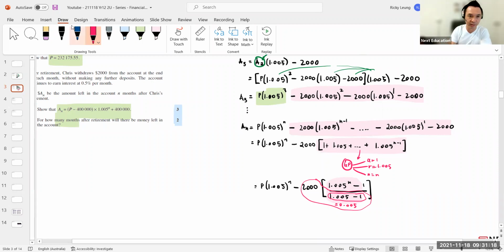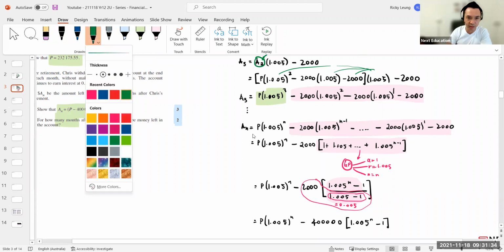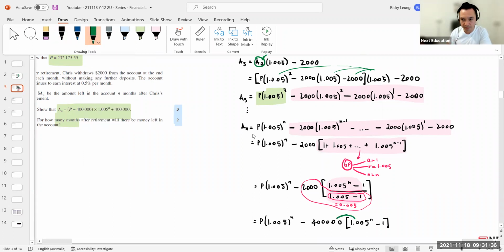That's how they got the 400,000 in the question. If you clean this algebra up a little bit, you get this, and this becomes 400,000 times 1.005 to the power of N minus 1. Now I'm going to do 2 steps in one, if that's okay. I'm going to expand this, and you can see it's P times this minus 400,000 times this.